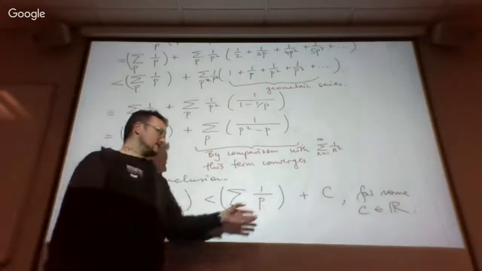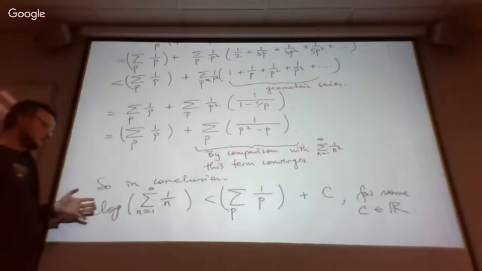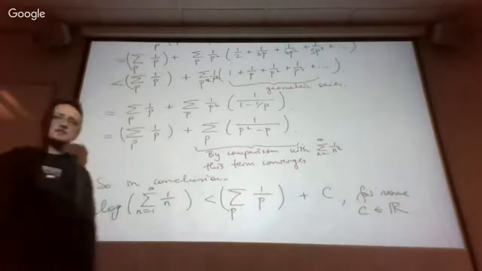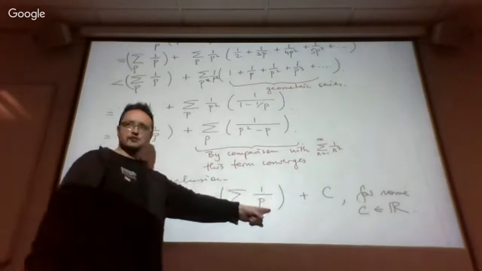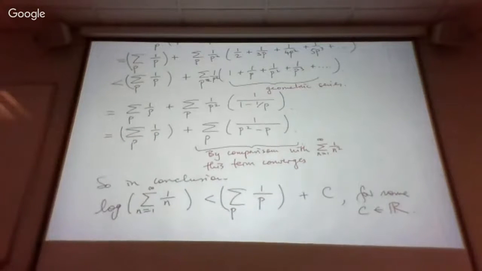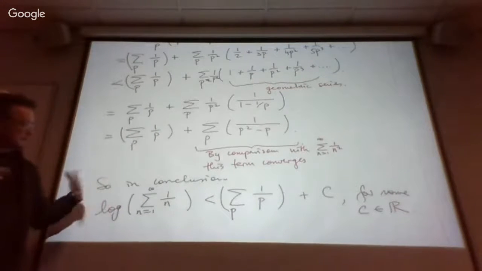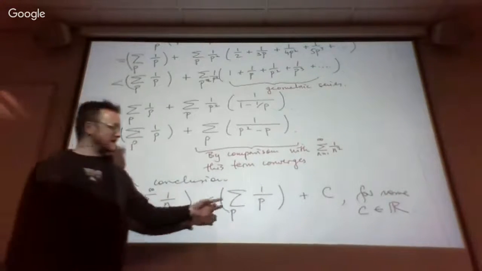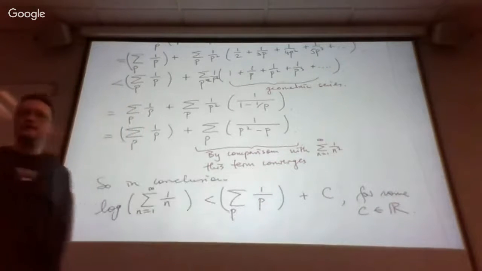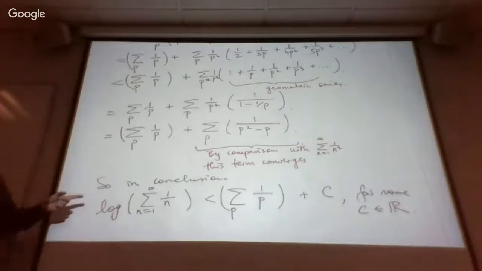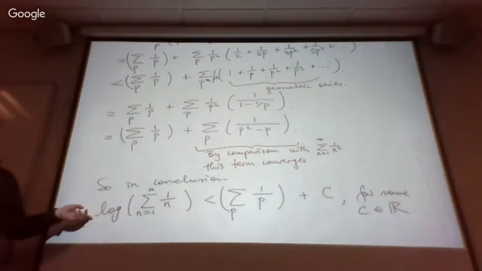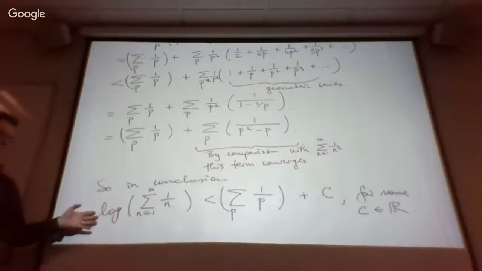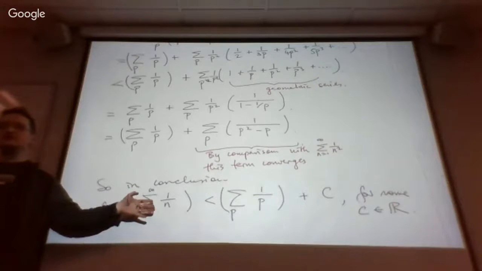But looking at this conclusion statement, the summary statement, this gives us the answer, right? Because here's our prime harmonic series that we're interested in. And we're saying that the logarithm of the harmonic series is less than it plus a constant. But as we said before, what kind of numerical quantity have we got on the left-hand side? We've got the logarithm of a divergent series.